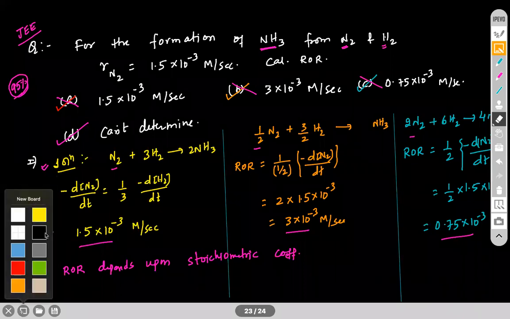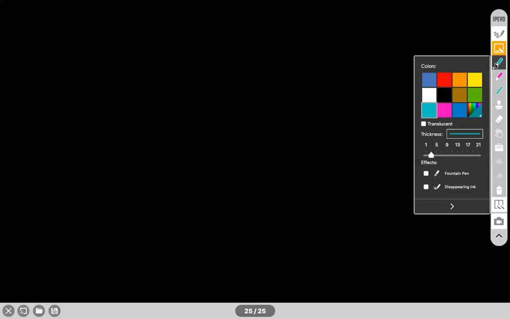Try this one. The reaction is given here. Always keep this in mind: if the reaction is not given, you cannot find out the rate of the reaction. N2 plus 3H2 gives 2NH3.